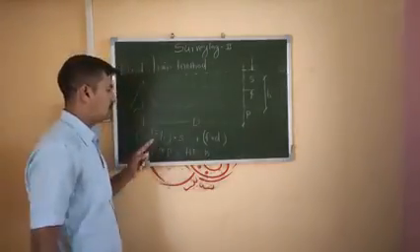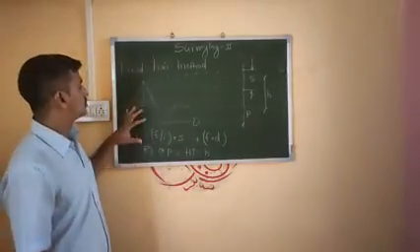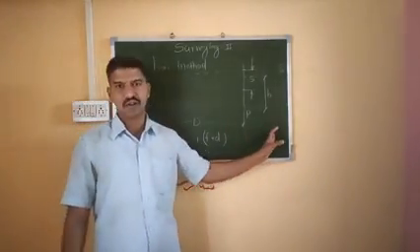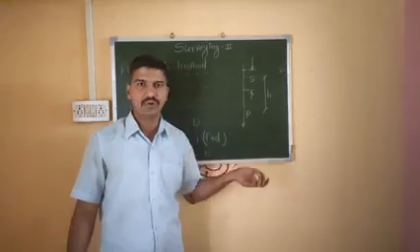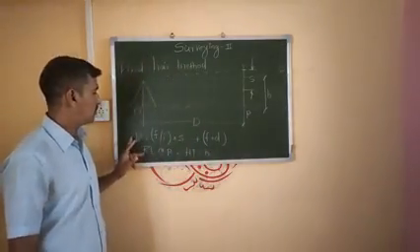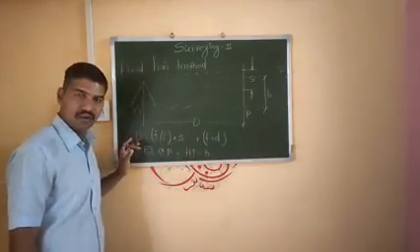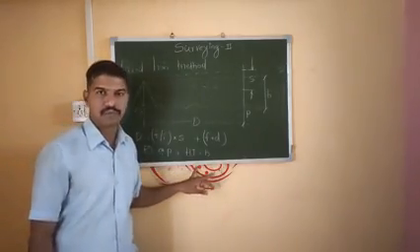This is the first case in which the instrument is kept on level ground, with the formula to calculate D and the formula to calculate the RL of point P.